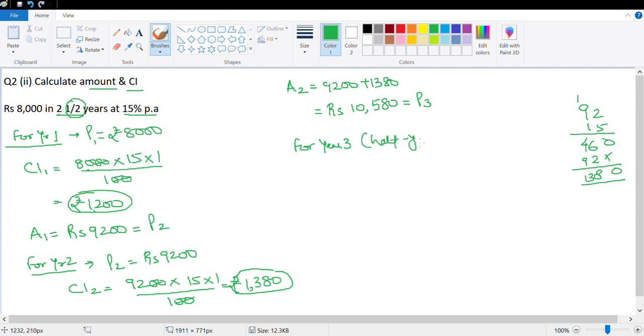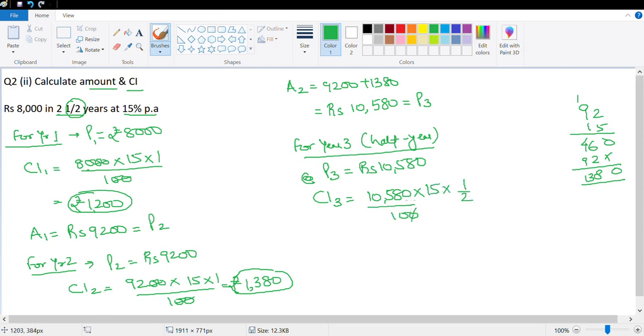Principal for year 3 is equal to rupees 10,580. Compound interest for the third term, which is a half term, will be 10,580 into rate, which is 15, into time, in this case half a year, upon 100.